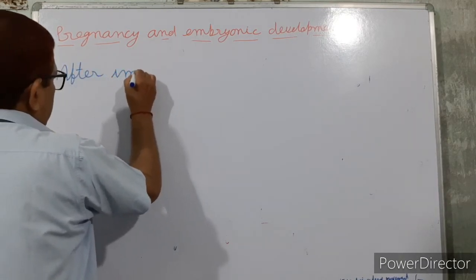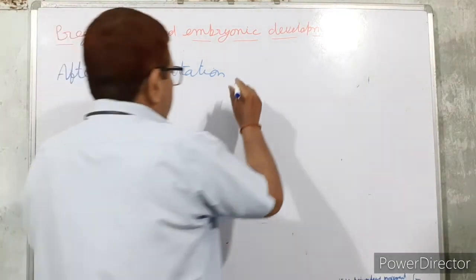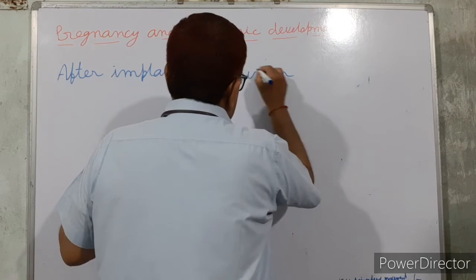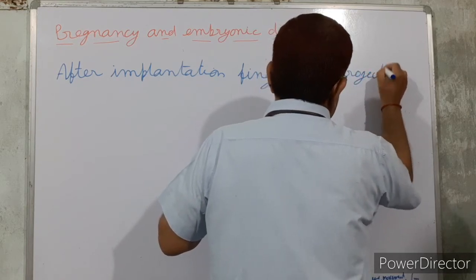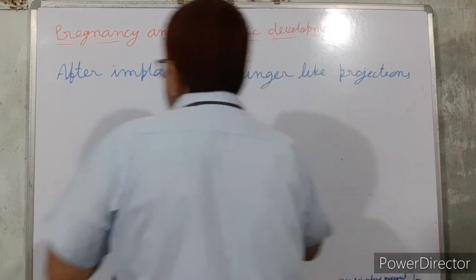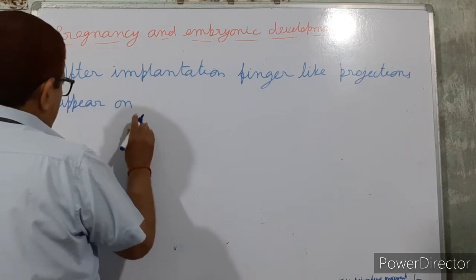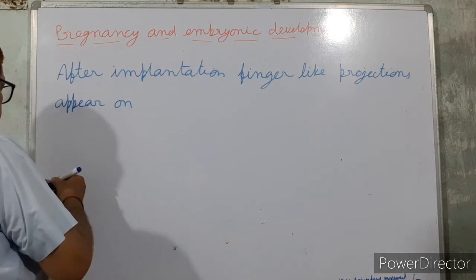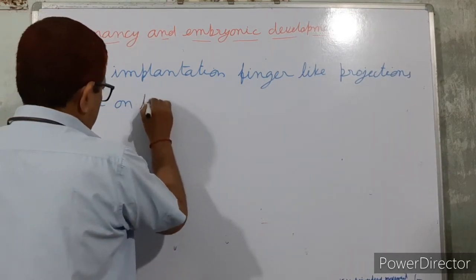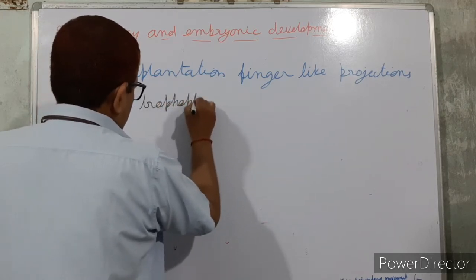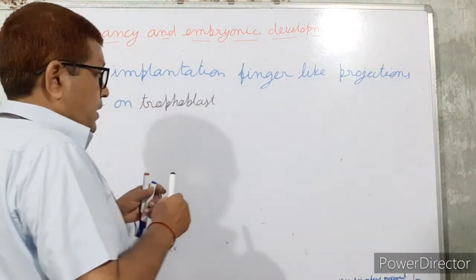After implantation, finger-like projections appear on the trophoblast. Do you know about the trophoblast?